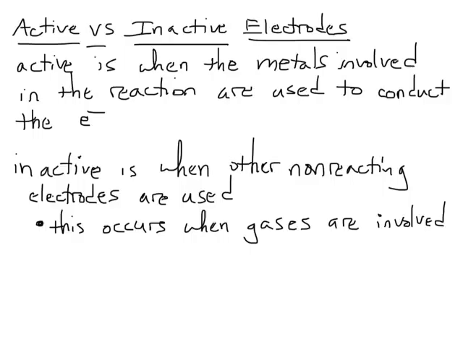So if I'm going to be conducting electrons either towards or away from a gas, I have to put something into the gas. And so I would use some other type of metal to go into it. So that one stands out as being pretty obvious. It's like, hey, I can't have a solid in a gas. This is just crazy. It doesn't make any sense. And I'll show you an example of what I mean here. Another place this can occur is if all reacting substances are aqueous.